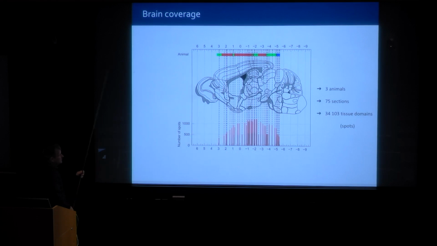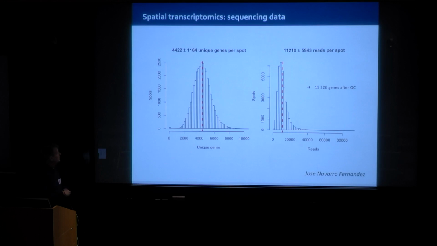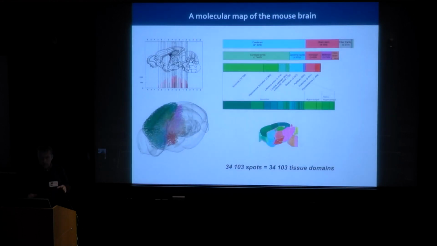And we're analyzing some 34,000 tissue domains or spots. So in this data, we have about 4,000 genes per spot, per measurement, and we characterize a majority of the genes present in the mouse genome, something like 15,000 genes. So we take advantage of the Allen Brain Initiative by putting our spatial data into a coordinate system of Allen brain.